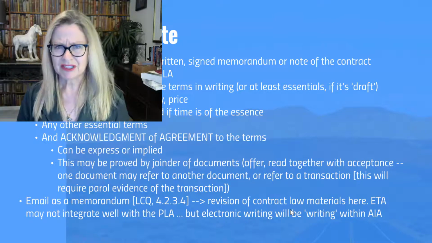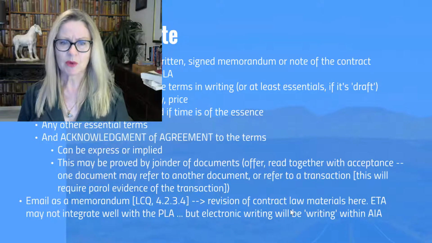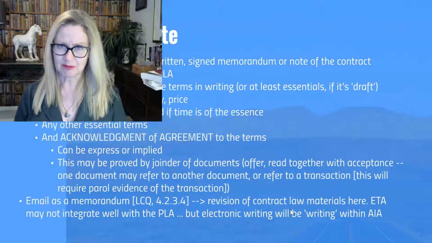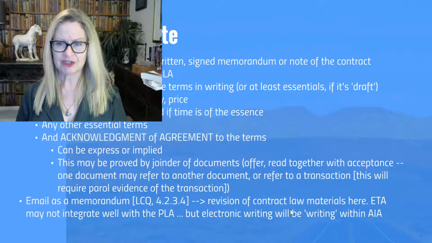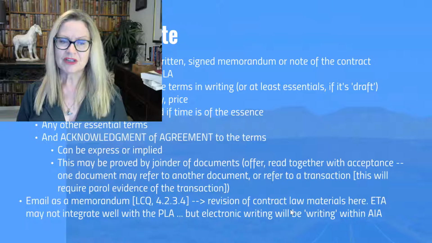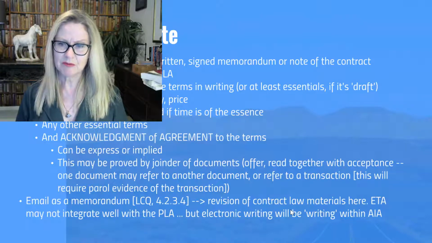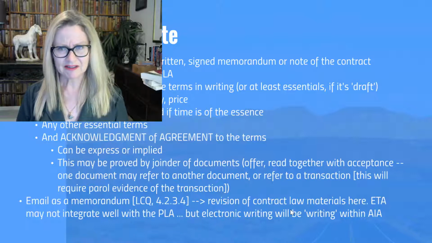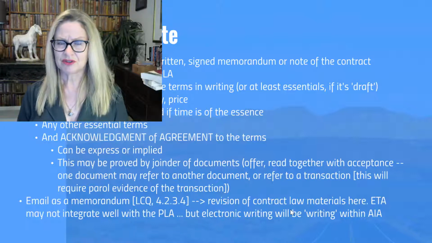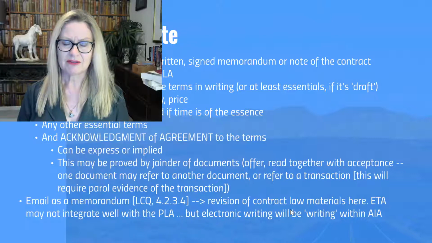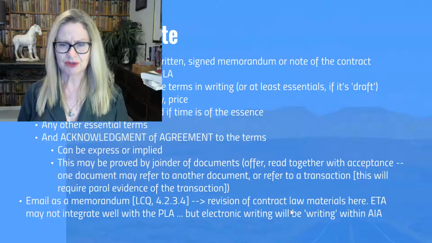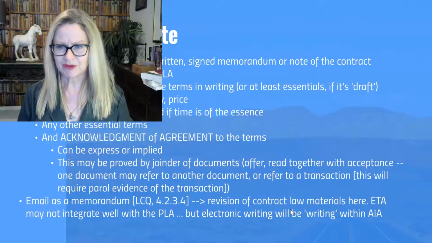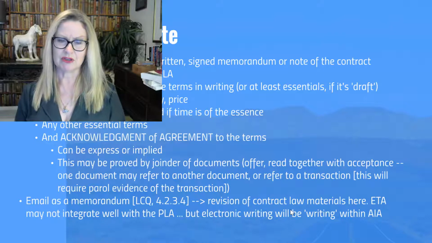All of that kind of stuff is revision pretty much from Contract A, so I'm not going to labour the point. Obviously you can have emails as a memorandum that will satisfy section 59. They do discuss the difficulties that can be, I guess, in a rather academic sense, encountered in terms of looking at the Electronic Transactions Act and trying to figure out whether electronic writing is going to be sufficient writing for the purposes of the PLA.